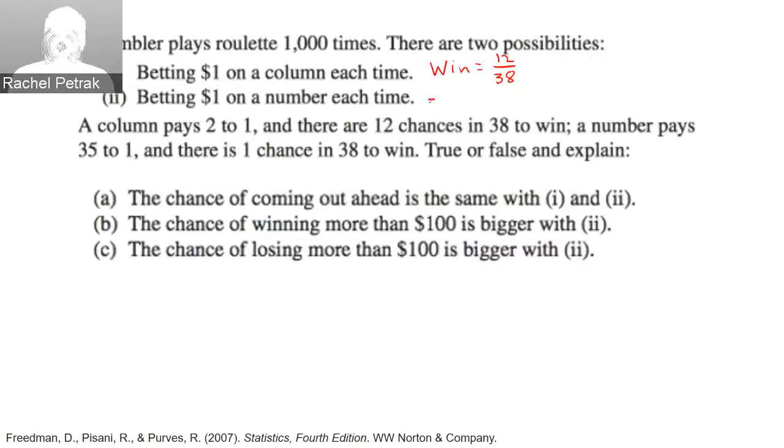Whereas when you bet on a number, there's only 1 chance in 38 to win. And when you bet on the column, what that means when it pays out is, if you put in $1, it pays 2 to 1. So it's going to give you out 2 for each one you put in.